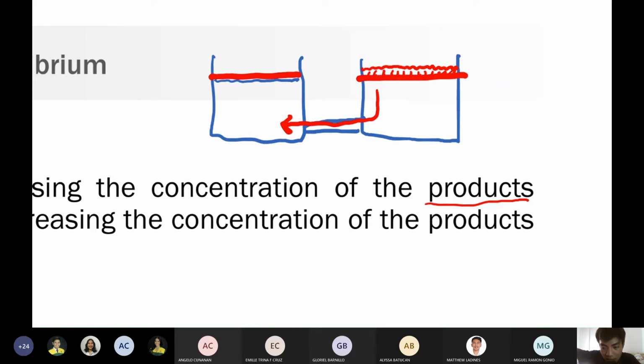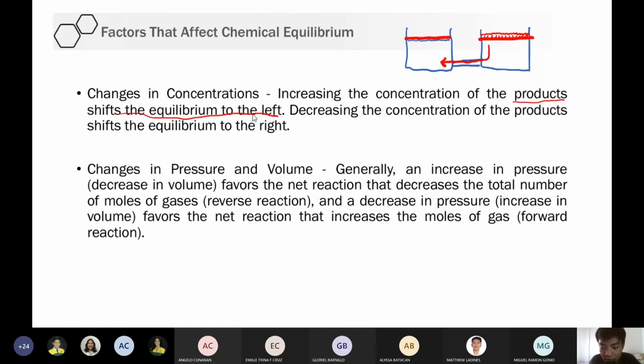So again, increasing the amounts of products will push the reaction to the left. Imagine niyo na lang yung dalawang bucket ng tubig, lagyan mo ng additional water yung right side, yung excess water dito, mapupush yun papunta sa left in order to achieve balance. Okay? So yun yung interpretation natin sa first sentence using our analogy.